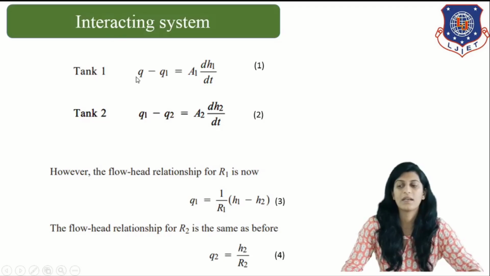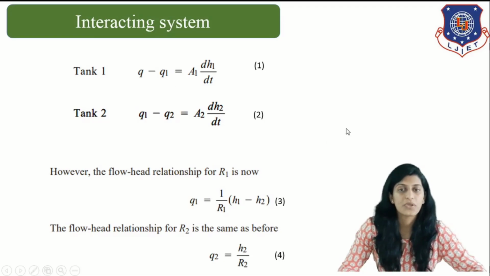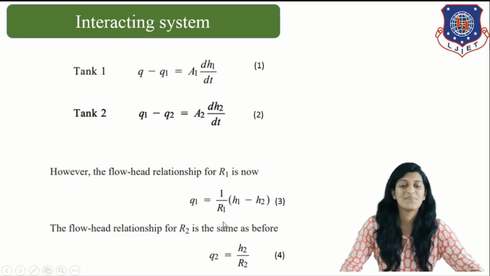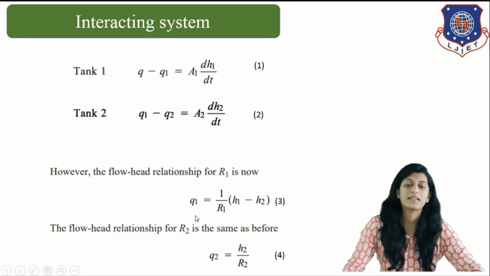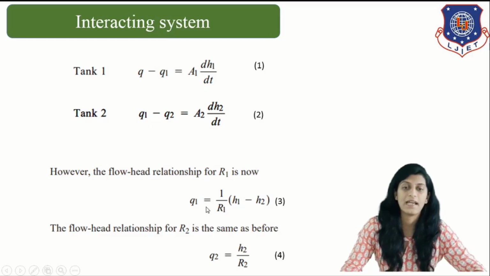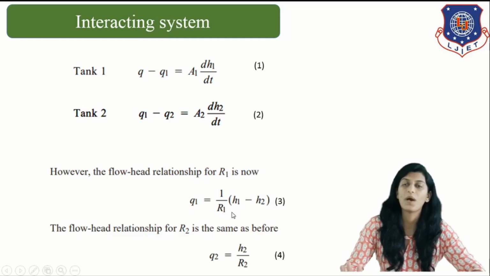For tank number 1 we wrote a mass balance equation, and for tank number 2 we wrote a mass balance equation. Then we wrote the flow-head relationship for both the tanks; in the first tank it depends on both of them, so Q1 equals 1 by R1 times H1 minus H2.